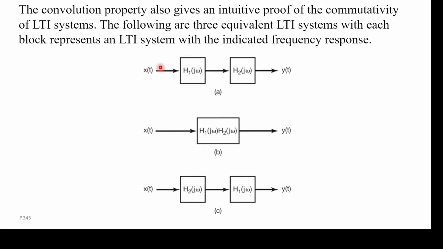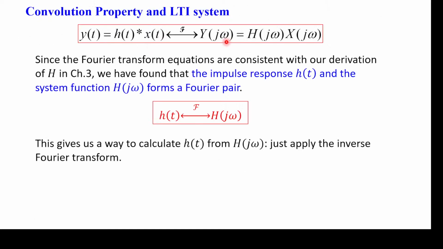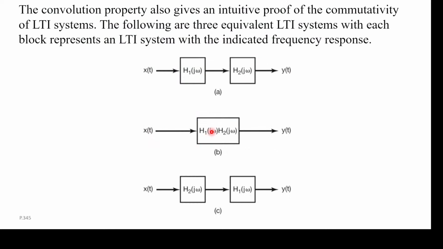We apply an LTI system that multiplies by this big H1, and then apply another system that applies this big H2. And then we are just doing multiplication, right? So your output will be multiplied by H1 and multiplied by H2.